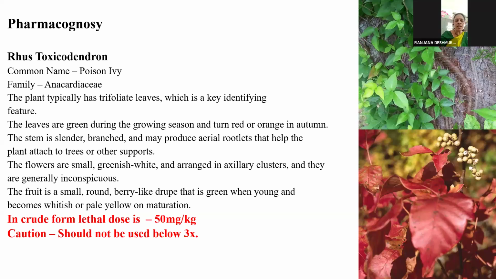But still, the whole Rhus Tox plant contains different active principles. In crude form, the lethal dose is 50 milligram per kg. So it is one of the irritative plants. Some people get reactions with this plant.